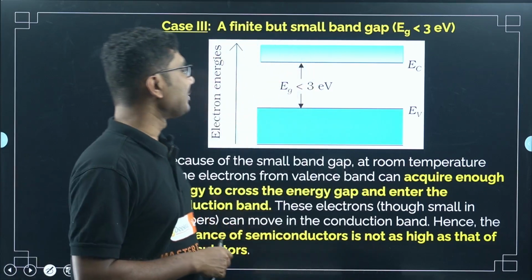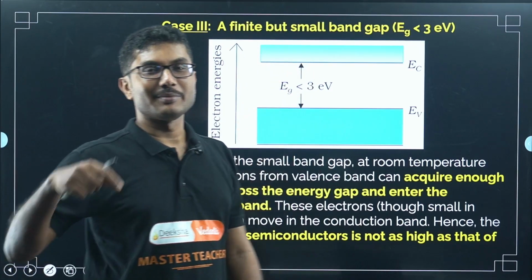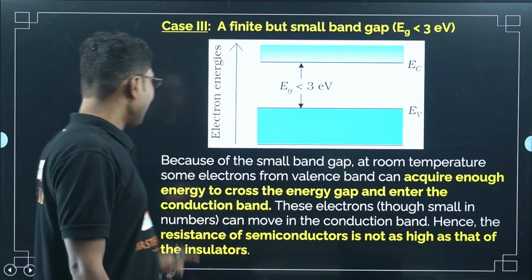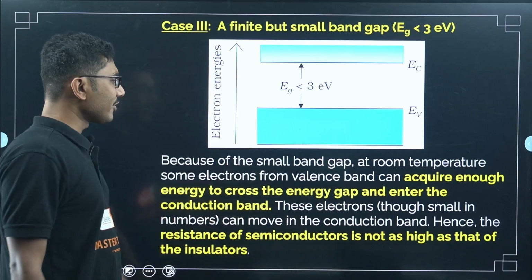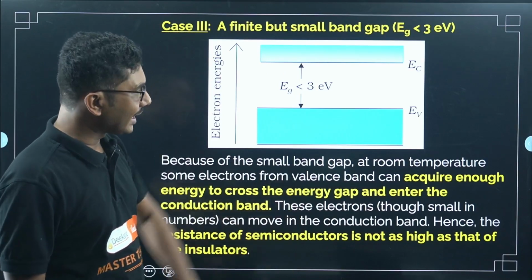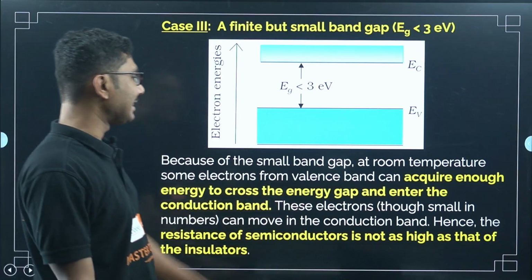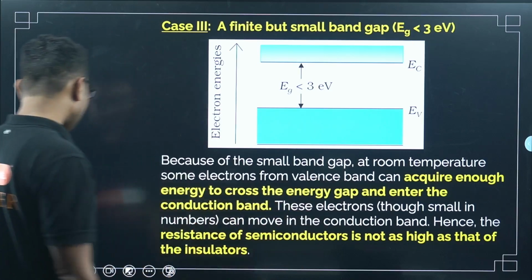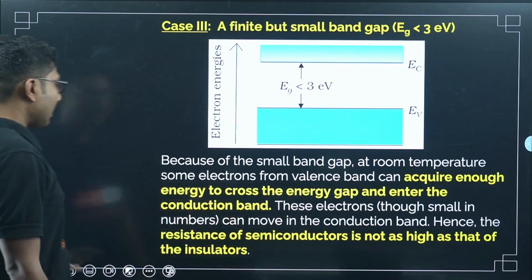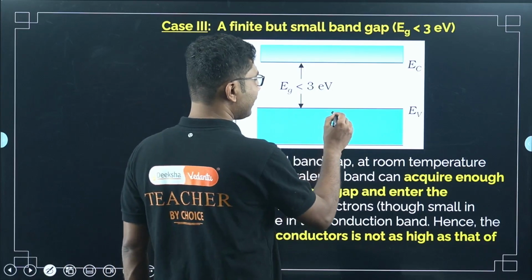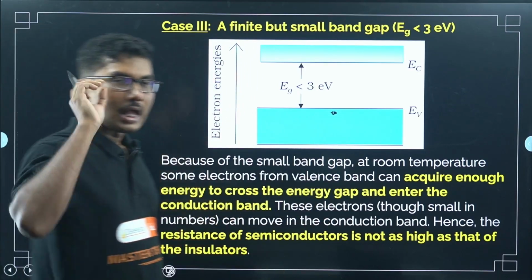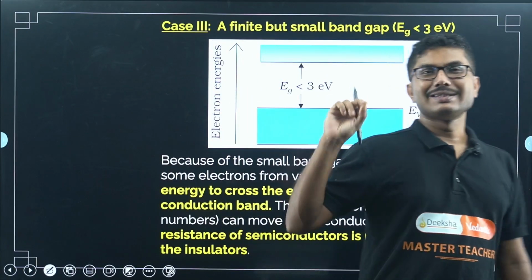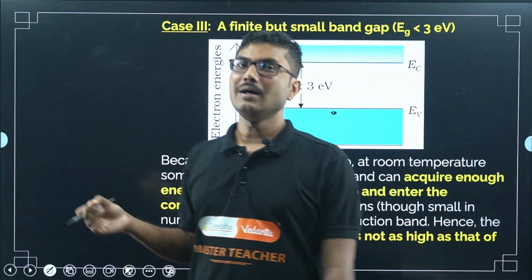So there is a possibility that you will reach your neighbor's home. Because of the small band gap at room temperature, some electrons from the valence band can acquire enough energy to cross the energy gap and enter the conduction band. Remember that at absolute zero, it might still behave as an insulator.